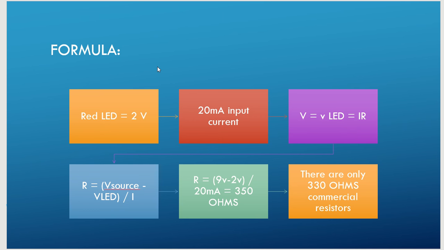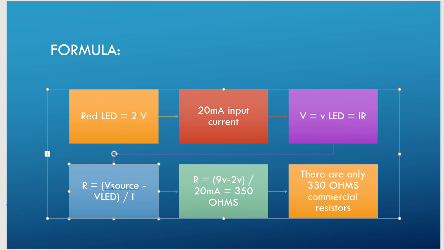Now we are going to find the value of the resistor for the LED. So we have the LED, which is 2 volts, and it also has a current of 20 milliamps. For the resistance, applying Ohm's law, it's voltage divided by the current.